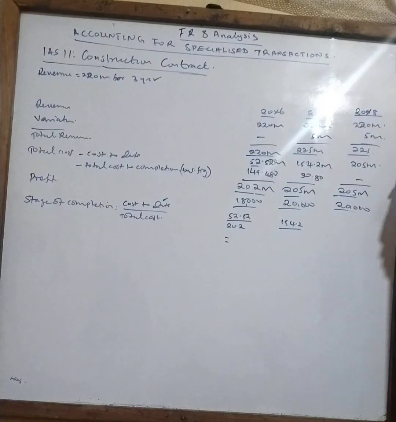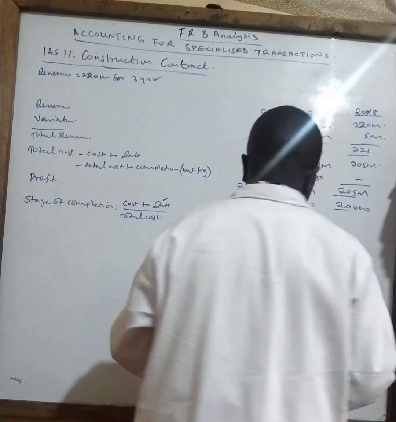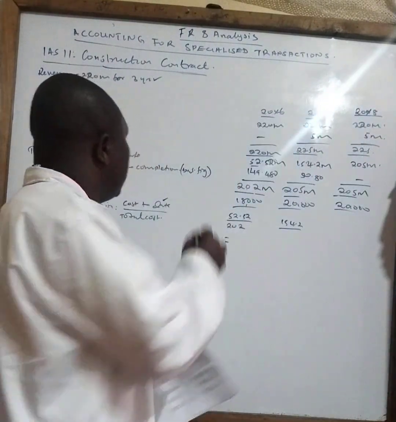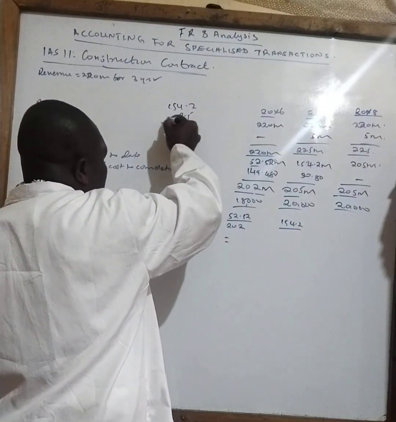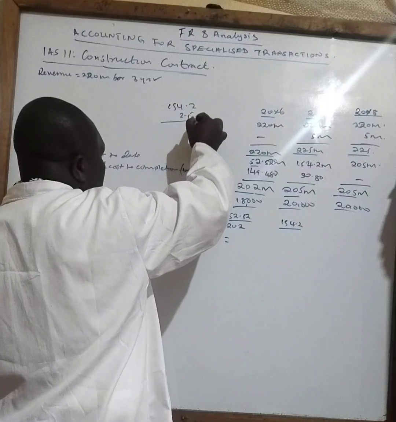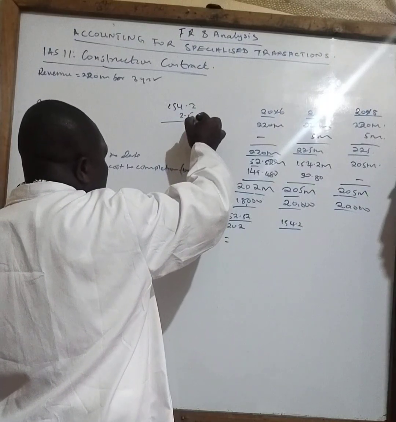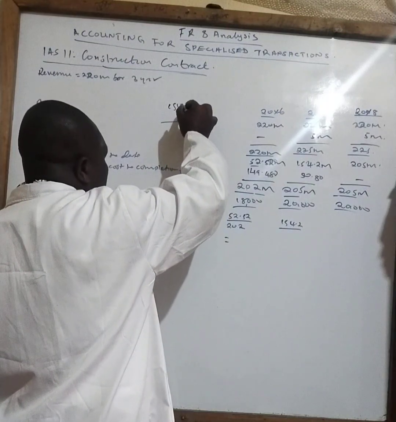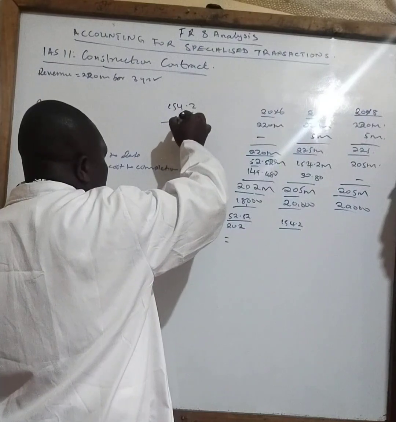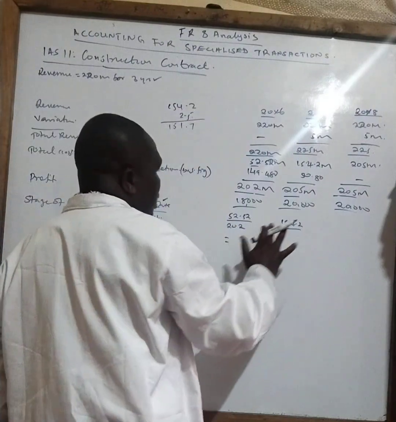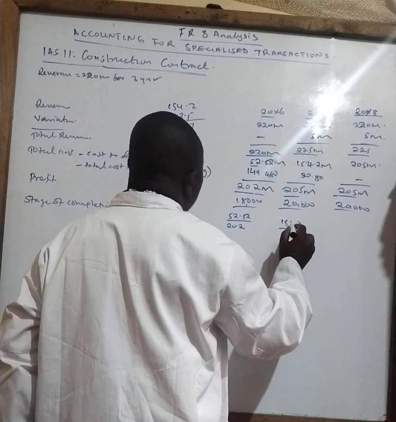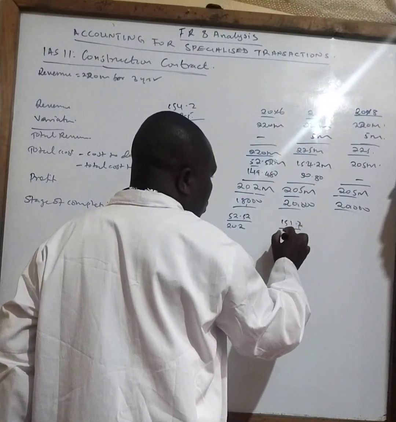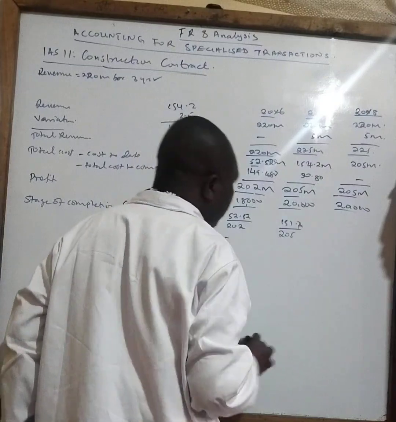So 154.2 minus 2.5, that is inclusive there. This is 151.7 divided by the total, which is 205.